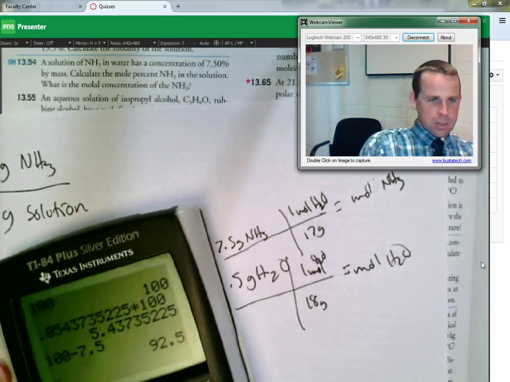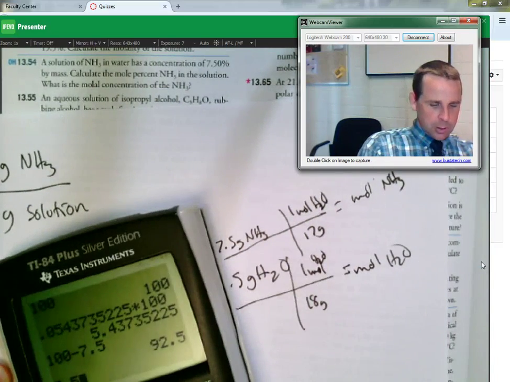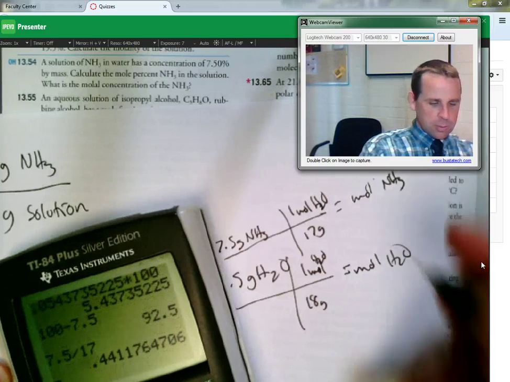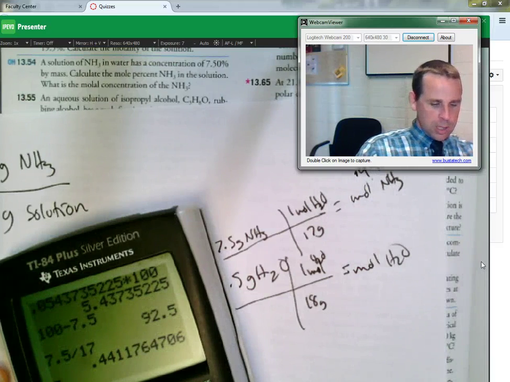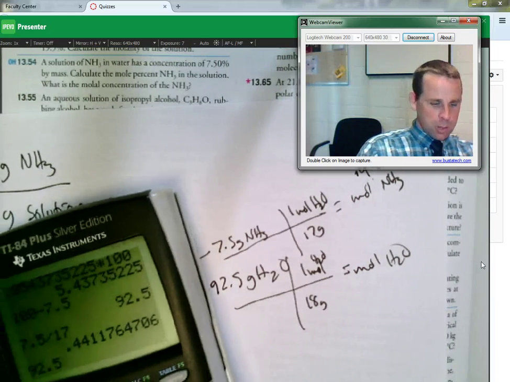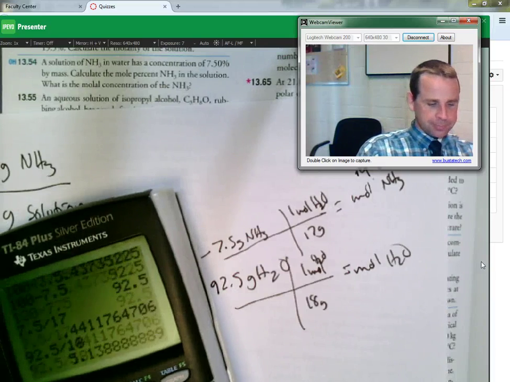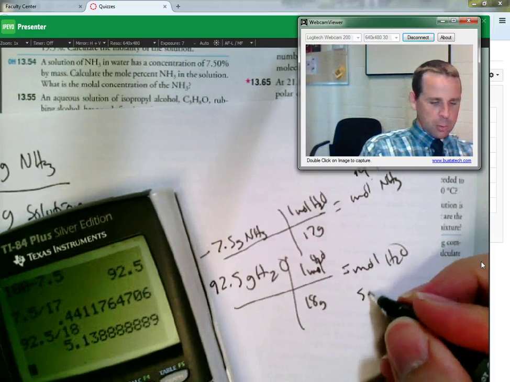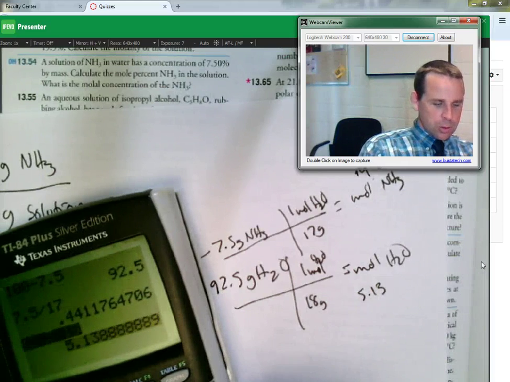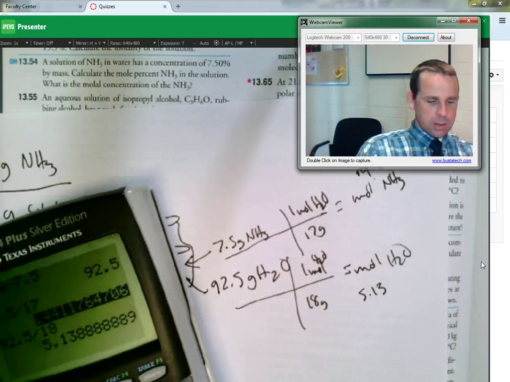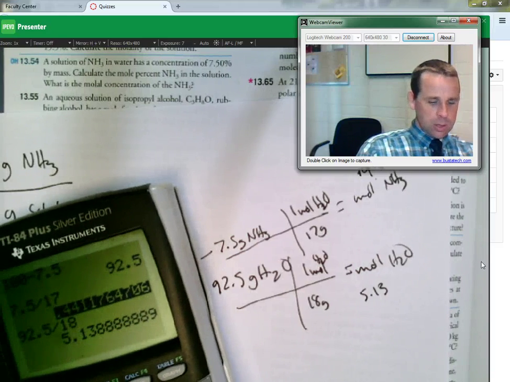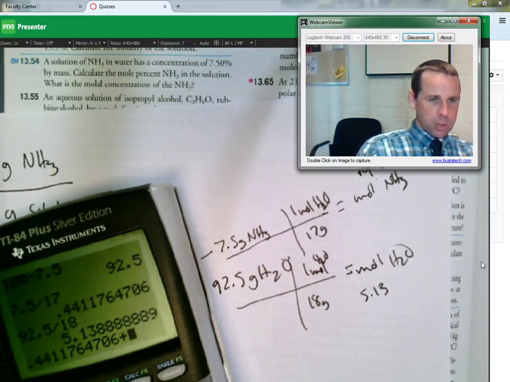So then I take 7.5 divided by 17, that's 0.4412, and then the other one is 92.5 divided by 18, 5.13. So the moles total, wait, did I do that right? Yes. The moles total is this plus this.